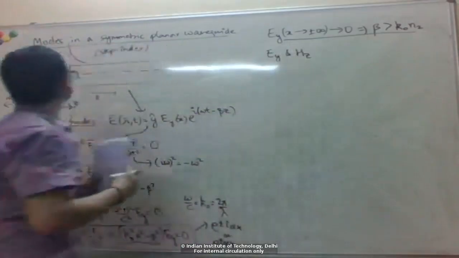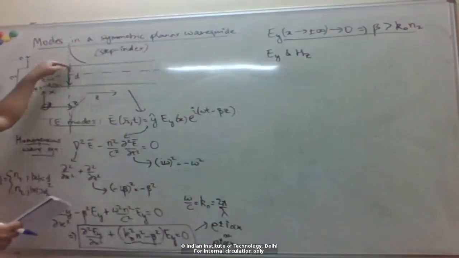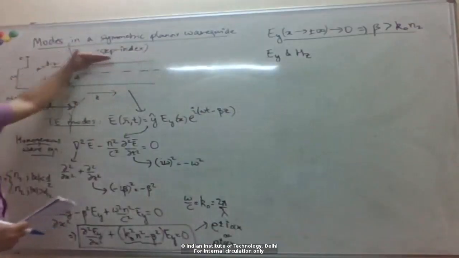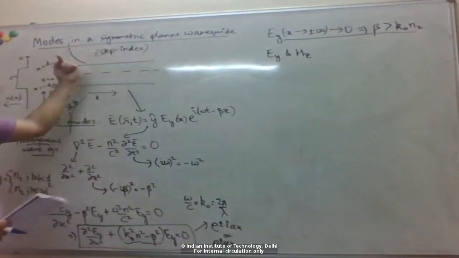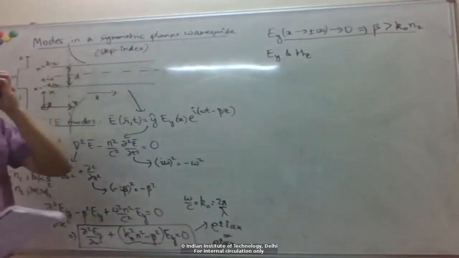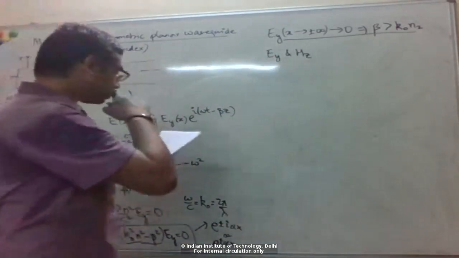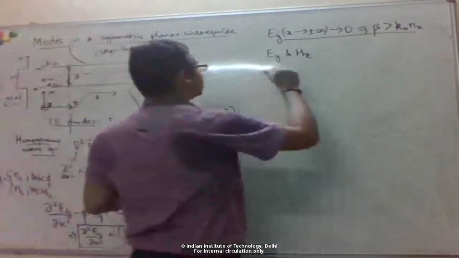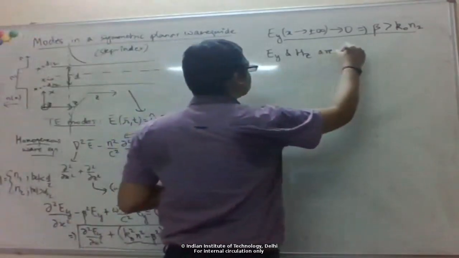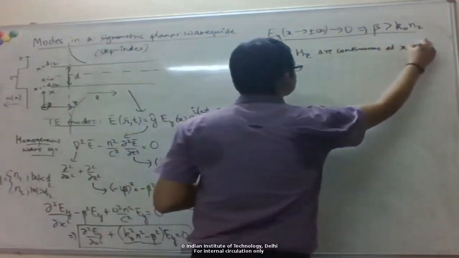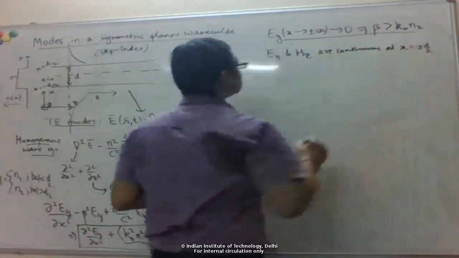These are the tangential components. If you look at the surface, let's say x equal to d by 2, Ey is tangential and Hz is also tangential, and tangential components have to be continuous. So Ey and Hz are continuous at x equal to plus minus d by 2.